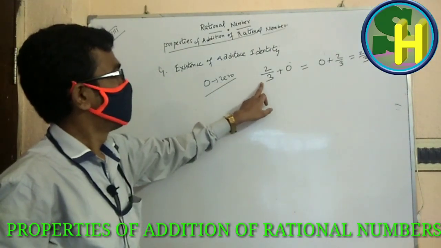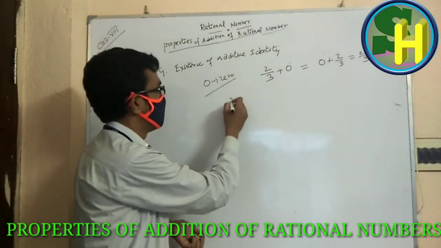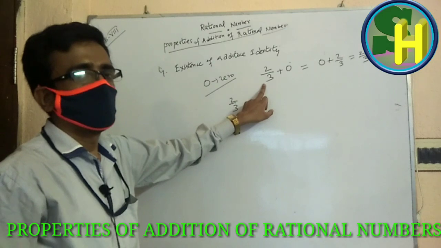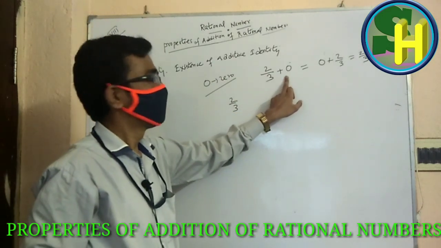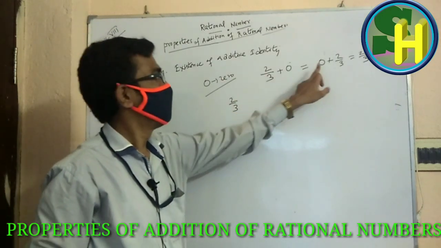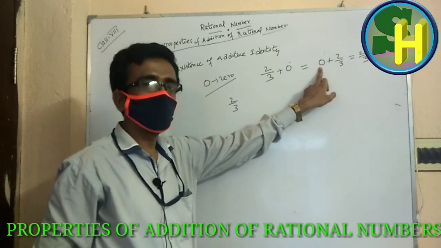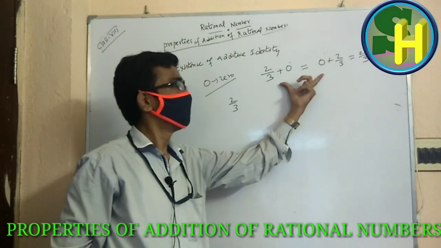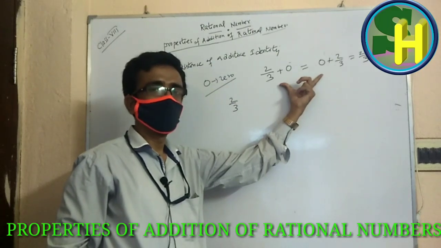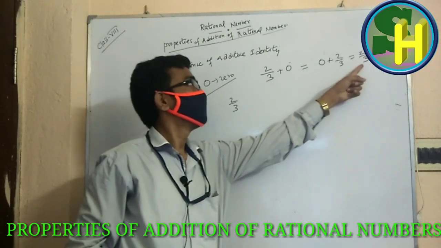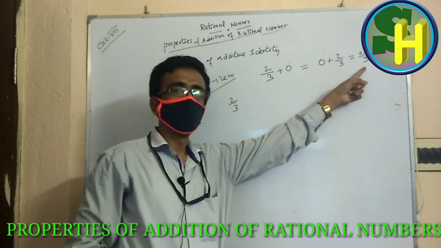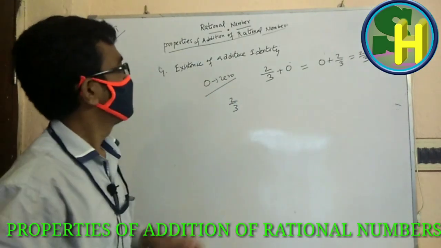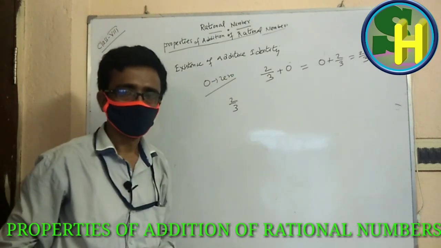Any rational number, I am taking this number, addition to 0 and 0 addition to that particular rational number gives us the same value, and the resultant is the same rational number. This is the property of the existence of additive identity.